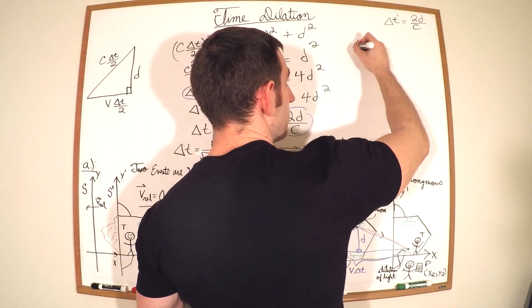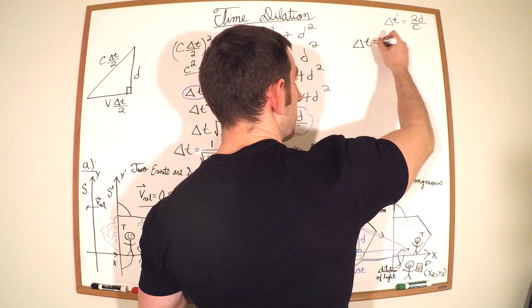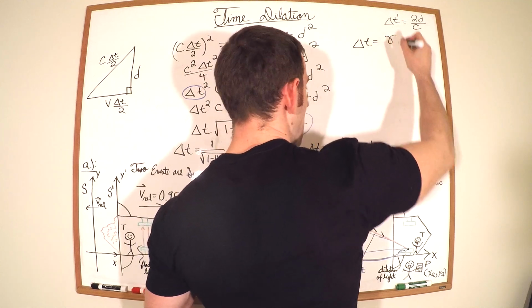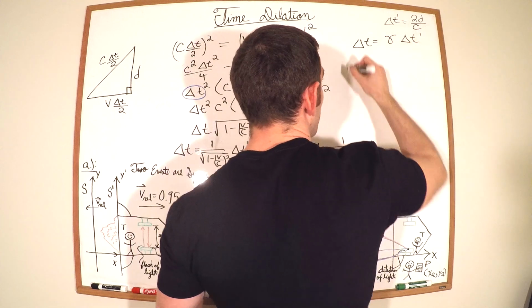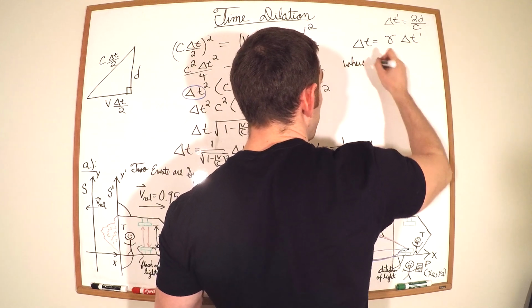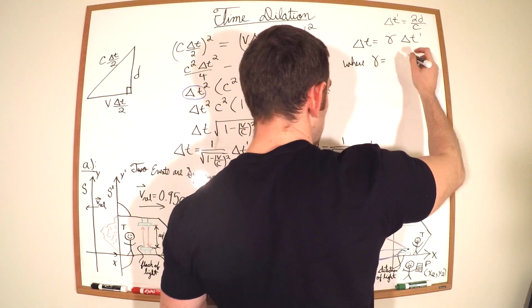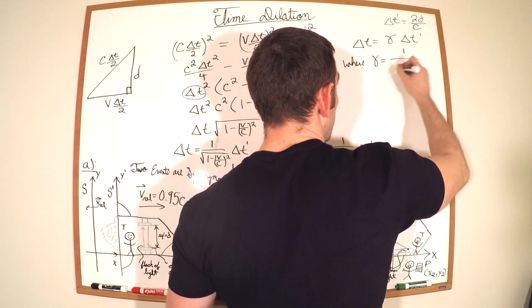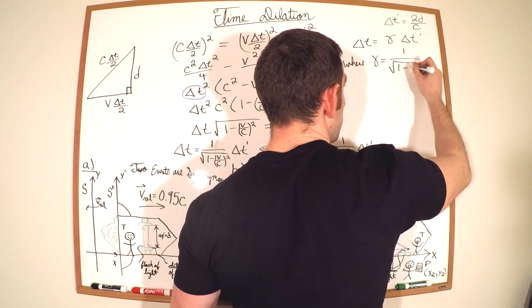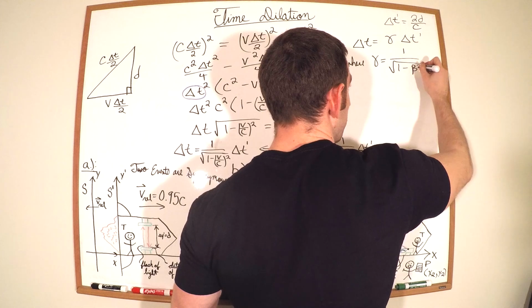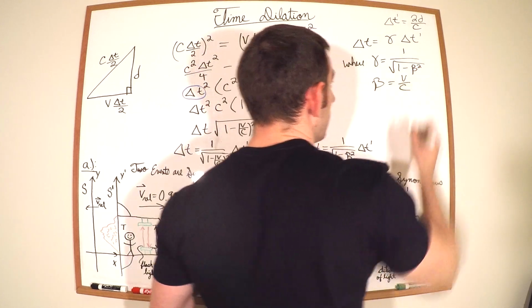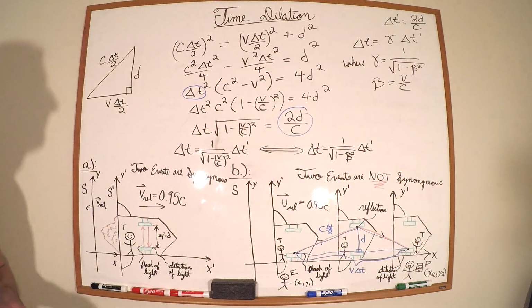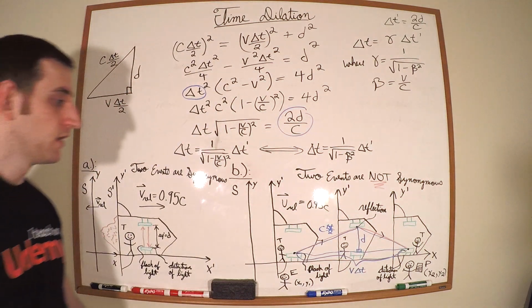We're going to call it delta t is equal to gamma times delta t prime, where gamma is equal to 1 over the square root of 1 minus beta squared, and beta is equal to v over c. All right.